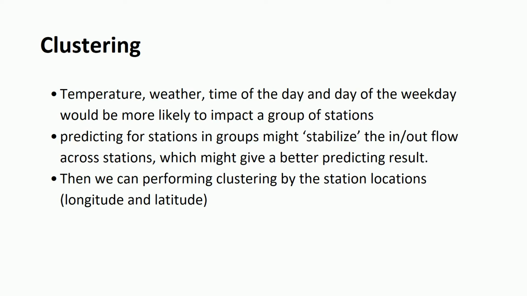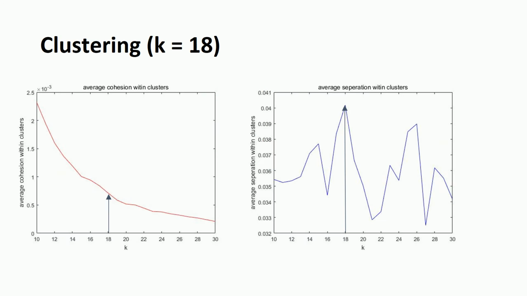Compared to predicting the inflow or outflow for just one station, predicting for stations in a group might stabilize the inflow or outflow across stations, which might give a better prediction result. Here are two graphs. The left graph represents average cohesion with clusters. The right graph represents the average separation with clusters.